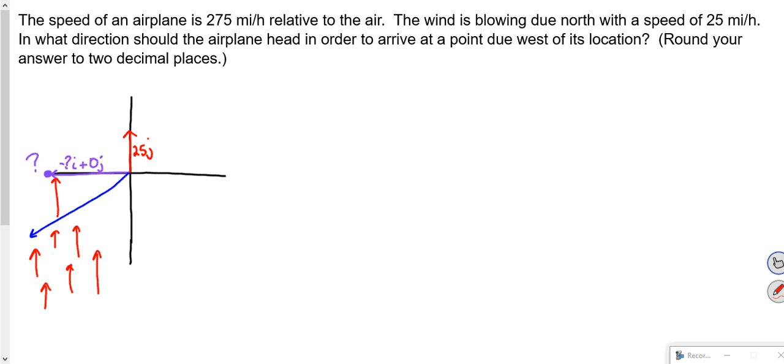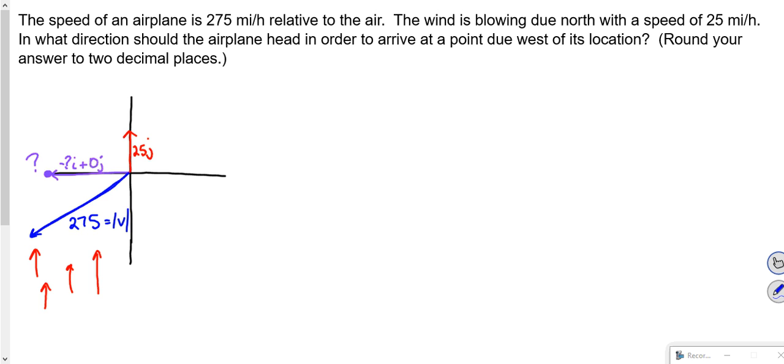You all kind of see that? So the blue line represents my airplane where it should be. So this represents my airplane and it is 275. Now, here's the deal. I don't know what its i and j are. That's just its velocity, or that's its magnitude, I should say.